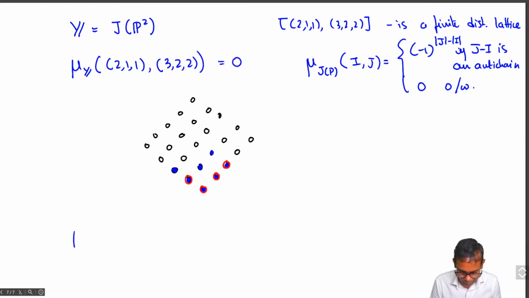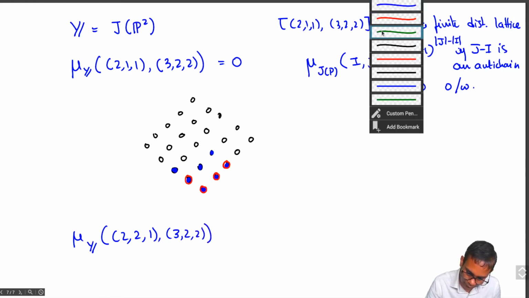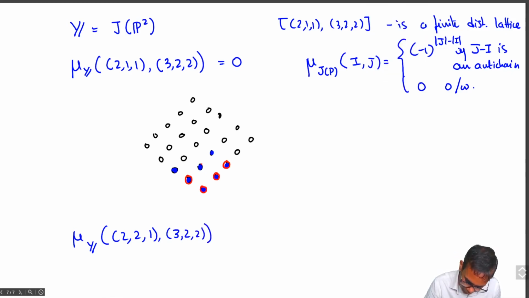Let me just do another one for you which will not work out to 0. So let's say 221, 322. And here now we have a new node in 221. But what you see is that the difference here is in fact an anti-chain, just consists of these 2 points.